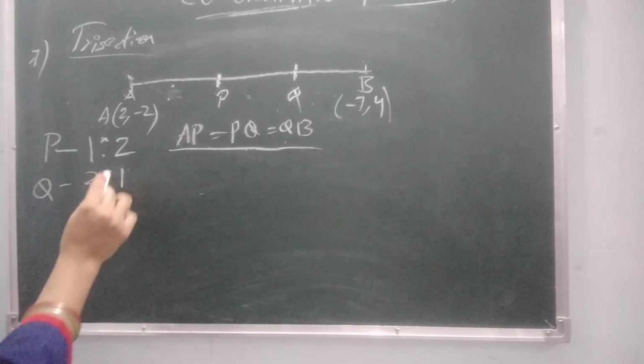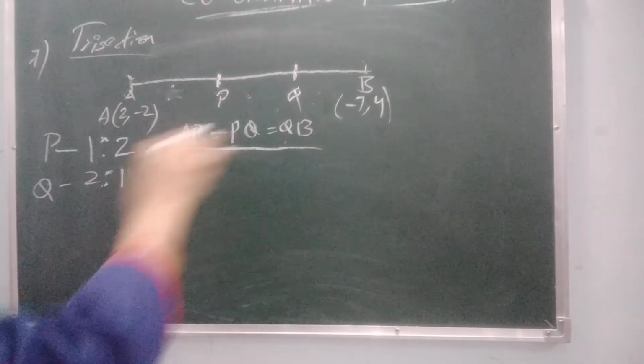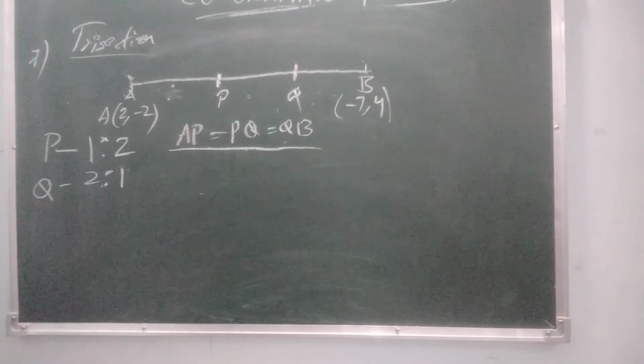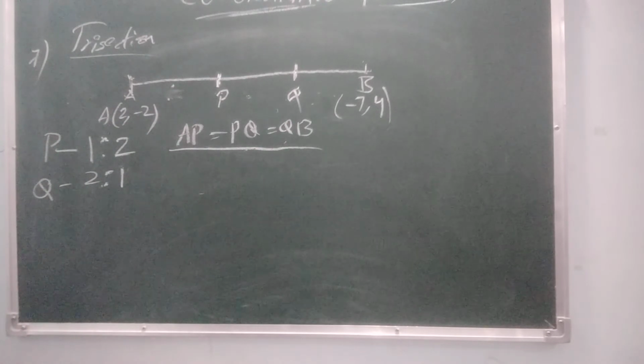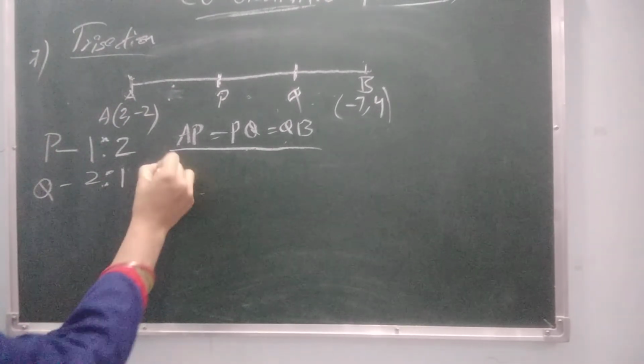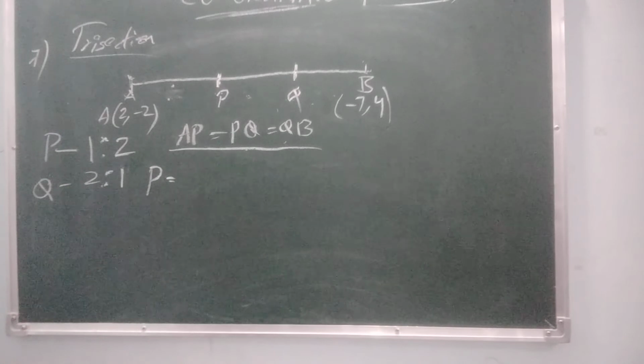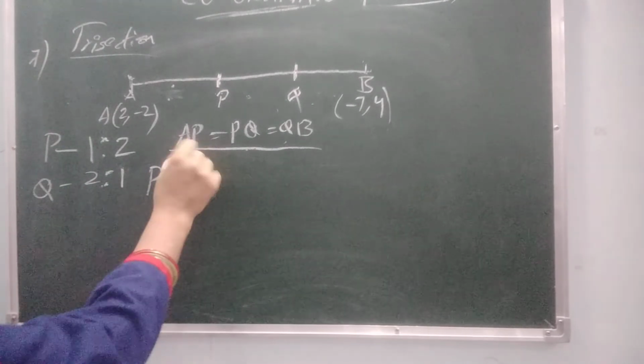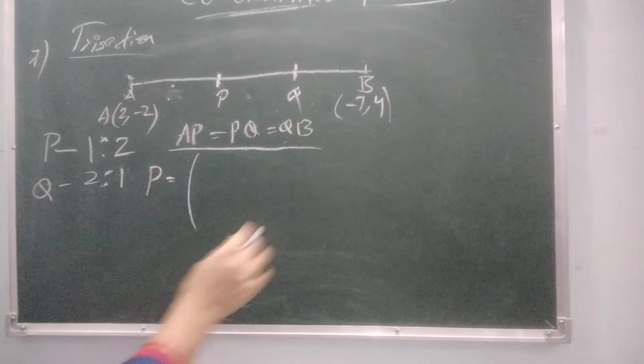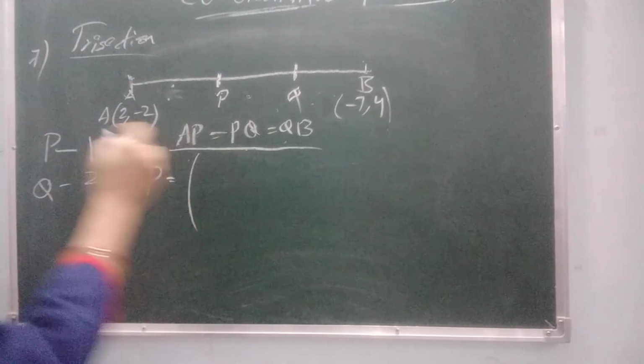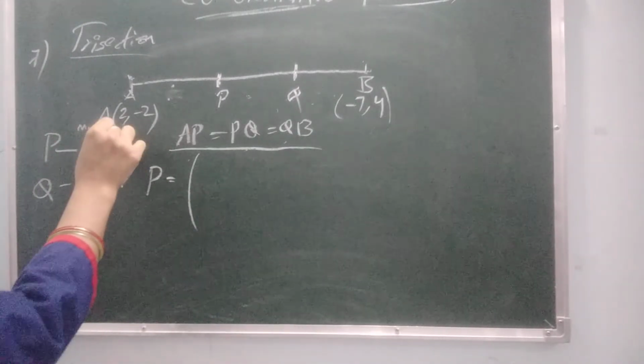Q divides AB in the ratio 2:1 internally. Therefore the coordinates of P: how do we find the coordinates of P? We have to use the section formula. I already told you m1x2 plus m2x1; these are m1 and m2.